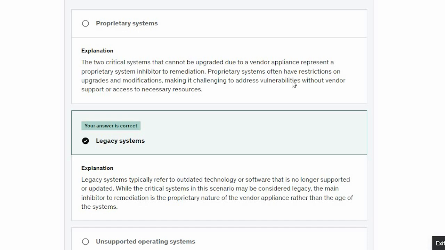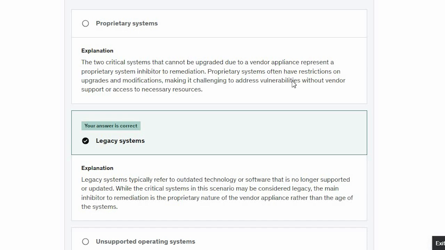Proprietary systems often have restrictions on upgrades and modifications, making it challenging to address vulnerability without vendor support or access to necessary resources. So proprietary system is not the correct answer for this scenario.